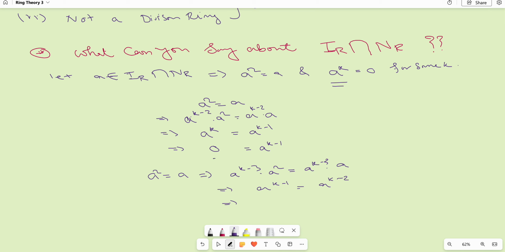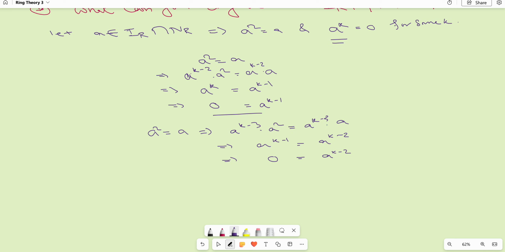We have just seen that A^(k-1) is 0, so this 0 equals A^(k-2). Repeat the same procedure, and you will finally get A to be 0.